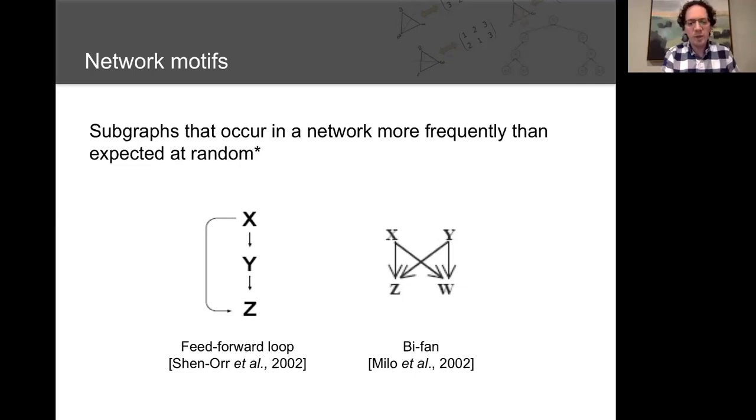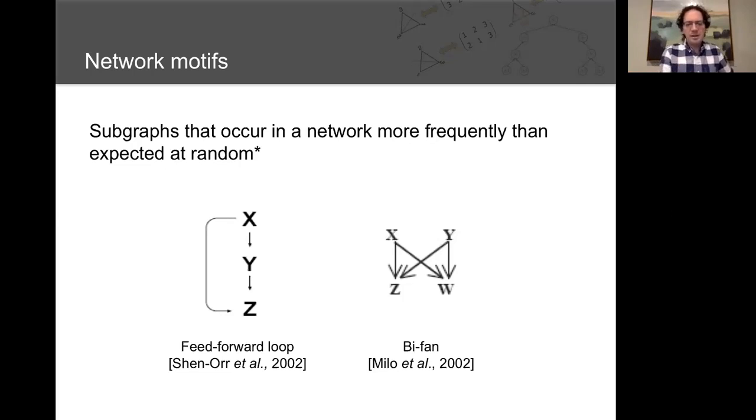And what they argued, they used a very brute force algorithm. So they only looked at subgraphs of size up to 3, 4, maybe 5. And they found some interesting ones. So they were looking at genetic regulatory networks. And they said, oh, these subgraphs look pretty interesting, right? Like this one here on the left is a feed forward loop.